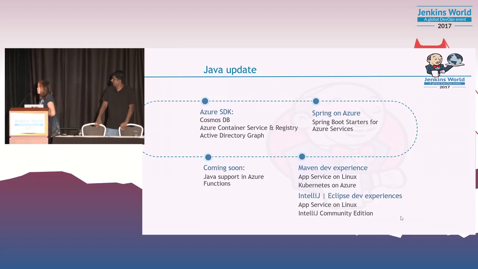Apart from that, for IntelliJ and Eclipse, we also have the plugin to deploy to app service on Linux. And most importantly, we now support IntelliJ Community Edition. Coming soon will be our support for Java in Functions. Yes, just to highlight here, what we're talking about is not just doing a point solution for Jenkins with something, right?